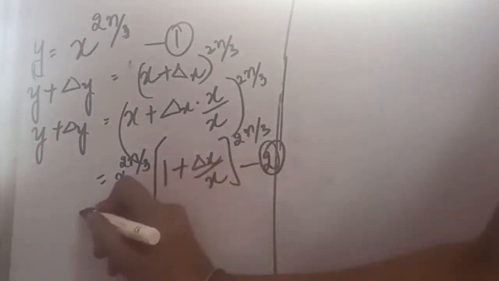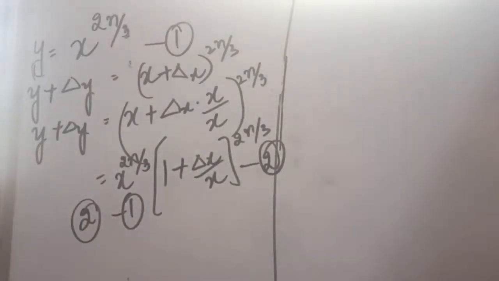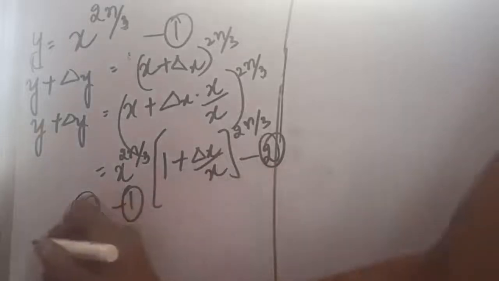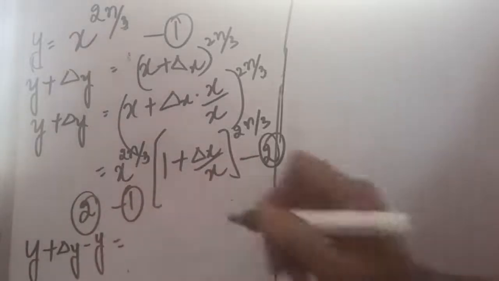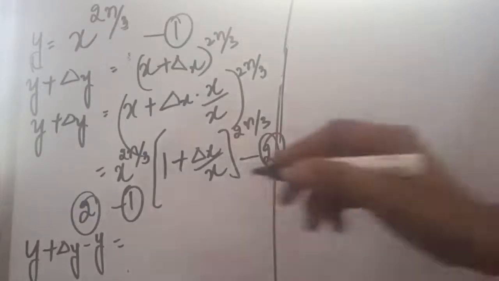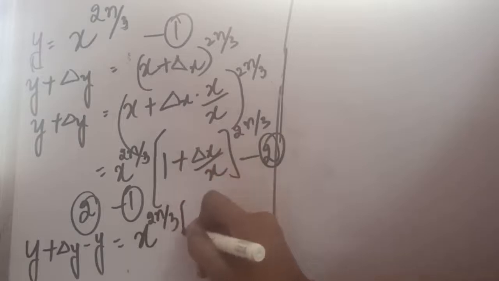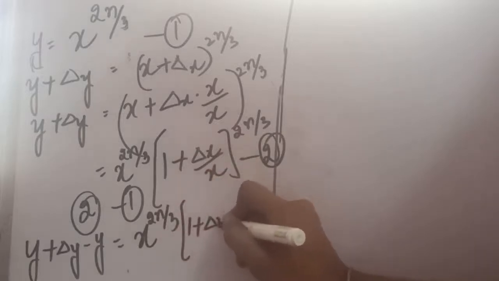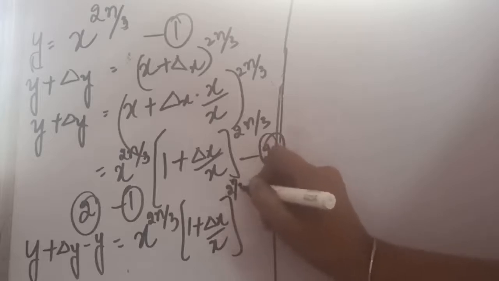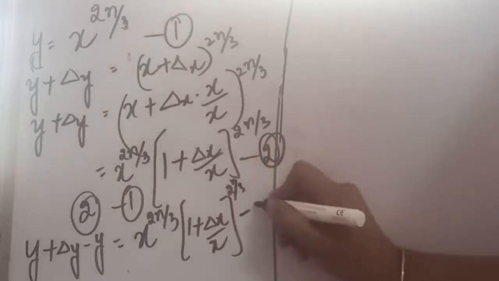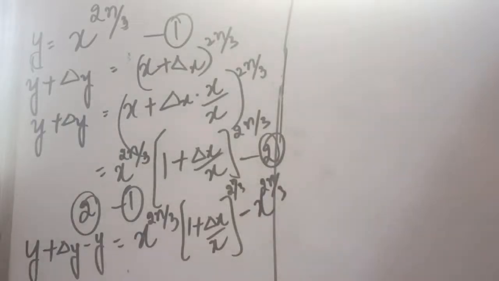Now step number 3, second equation minus the first equation. On the left hand side it is obvious that it will be y plus delta y minus y, and on the right hand side it will be x power 2n by 3, 1 plus delta x by x power 2n by 3, minus, from the first equation, x power 2n by 3.